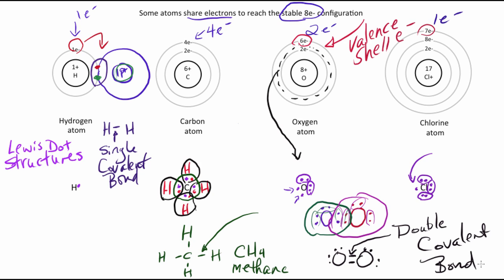Again, you won't have to draw Lewis structures. I'm just trying to show you how these guys share electrons. Here's another one. What is that? That is carbon dioxide. So all of these things that I've drawn are covalent bonds.